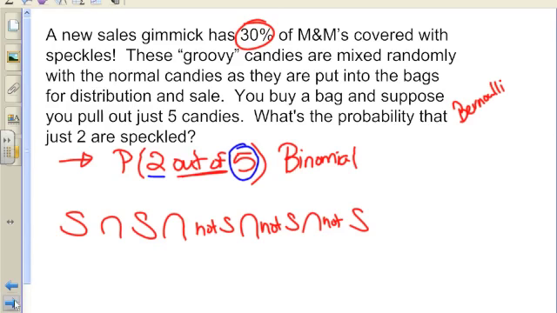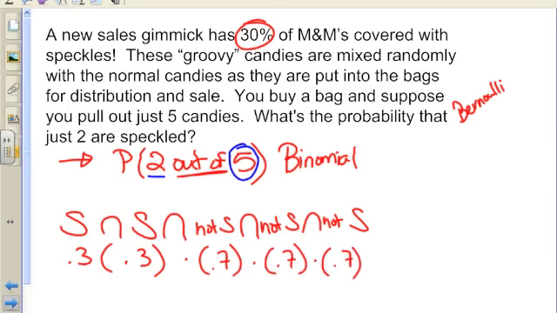Well, the probability for speckled is 0.3. So we're going to have 0.3 times 0.3, times 0.7 for not speckled, times 0.7 for not speckled, times 0.7. If we type that all in our calculator, we get 0.03087.